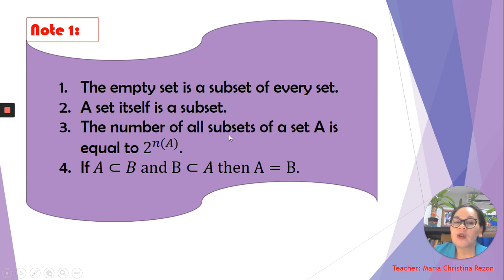The number of all subsets of a set A is equal to 2 to the power of n of A. This n of A here is the number of elements of set A. And then you have here, I've already given this earlier, if A is a subset of B and B is a subset of A, then A and B are equal.